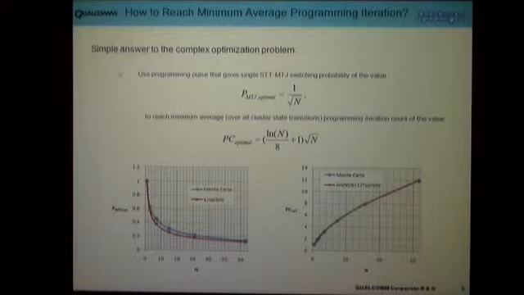But luckily, we found a solution: the probability that minimizes iteration is 1 over the square root of n, and the minimum programming iteration at that point is given by this equation. It turns out this figure shows our answer to this complex problem fares really well.